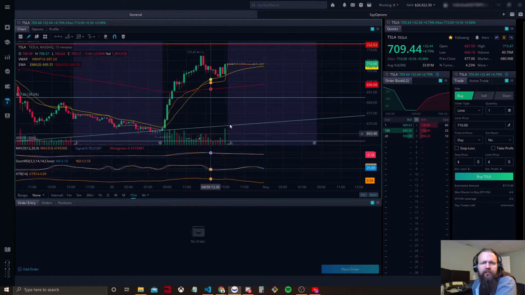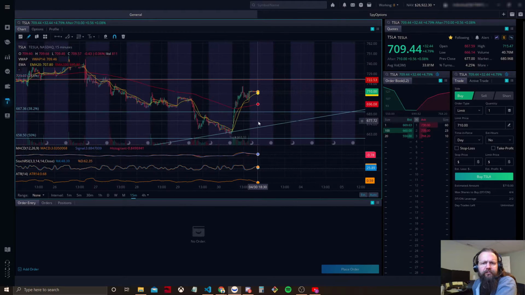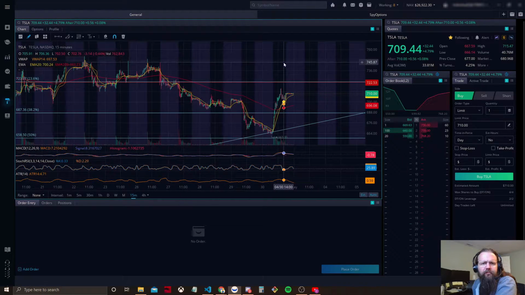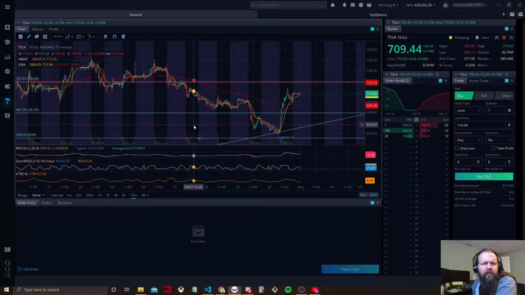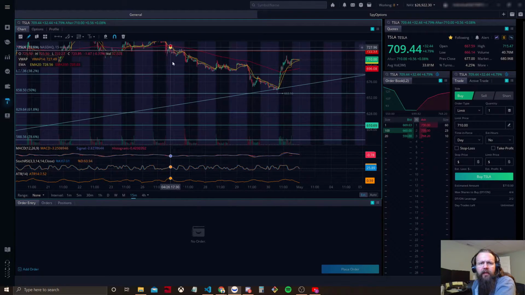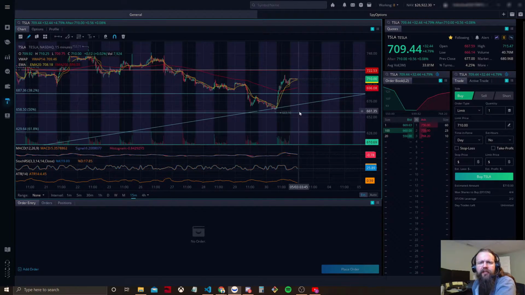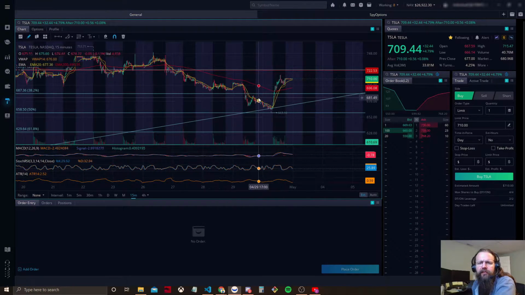So let's zoom in to 15 minutes. You can see it pulled back all the way to the 50%, and it held that. That to me is a good sign. If it would have broken down below that 50%, that to me would indicate that this downtrend wasn't done, and it would be looking for support somewhere that isn't this trend line.